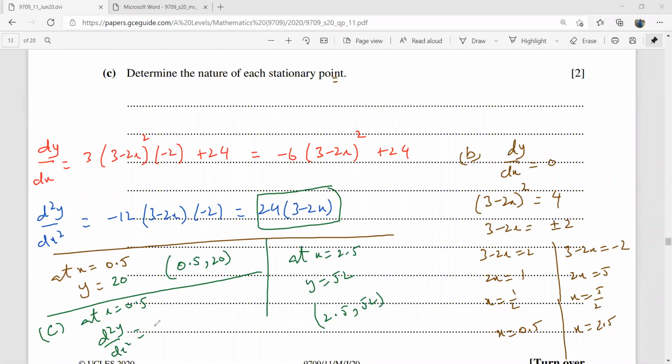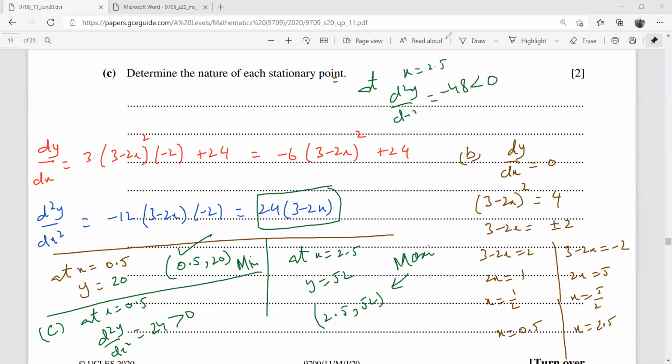So you see that this is going to be positive, that is 24, which is positive. Therefore, this one is the minimum point. है ना? And at 2.5, you have this as negative. At x equal to 2.5, your second derivative is minus 48, which is negative. That means this point is the maximum point. ठीक है बच्चों?